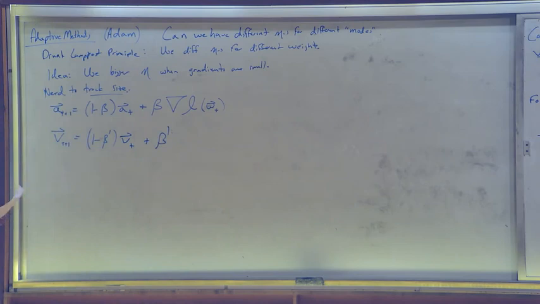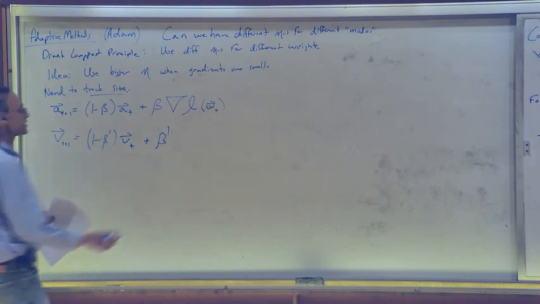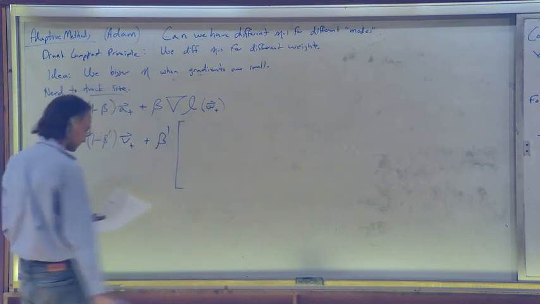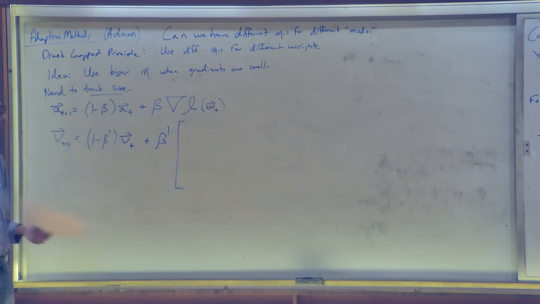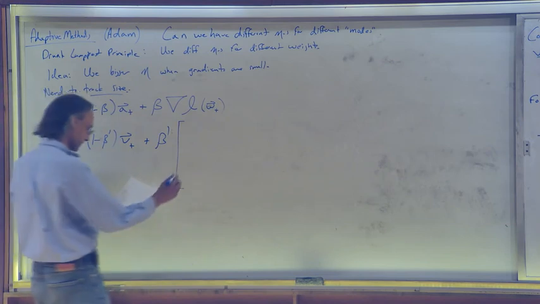But now you have to pick something to track, and there are many things you could track. You could track the absolute value of the gradient, but what people do is they just add together the squares.